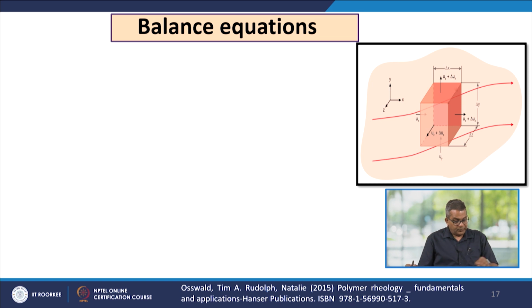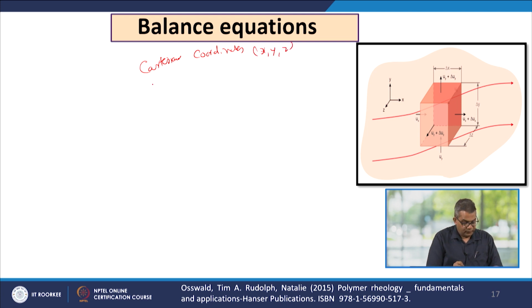Now, here for the Cartesian coordinates x, y, z, we can write del over del x of rho u x plus del over del y of rho u y plus del over del z of rho u z is equal to 0.